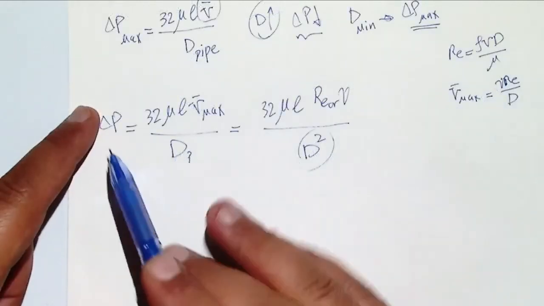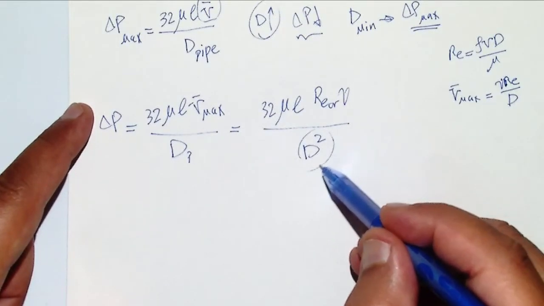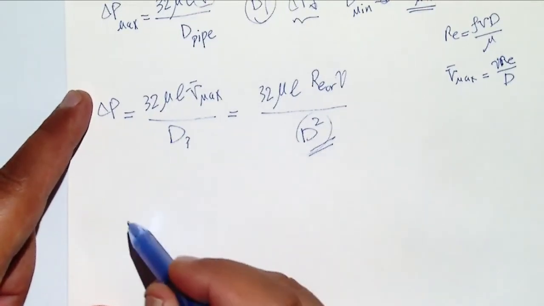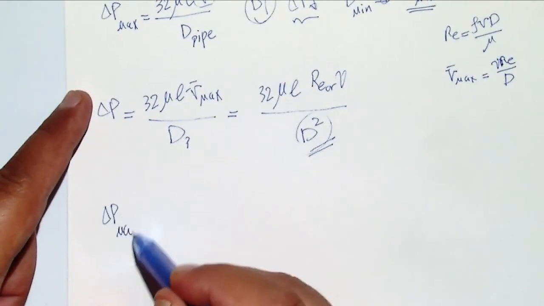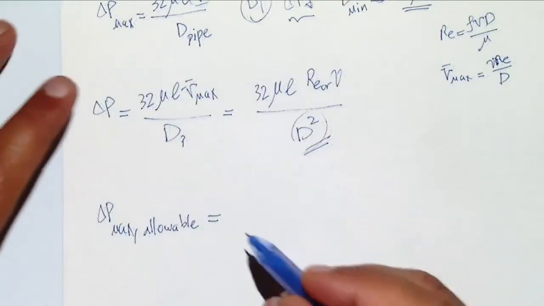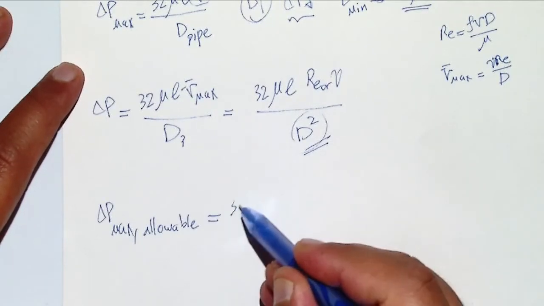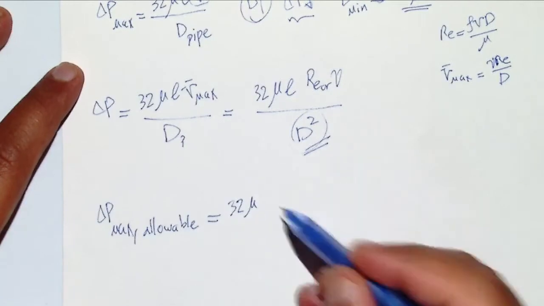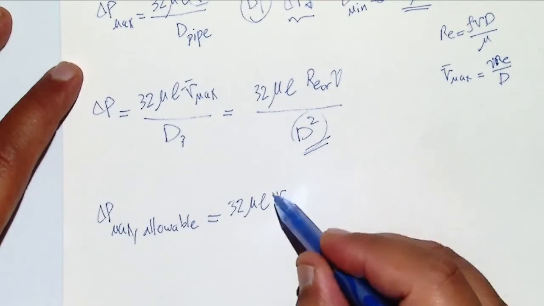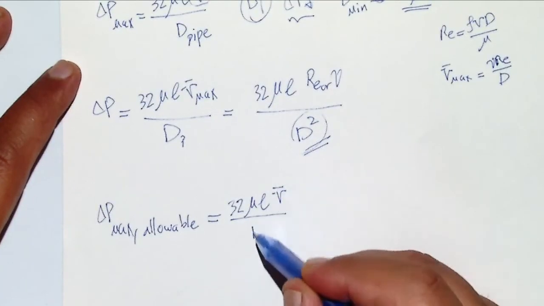Okay, find out what is the maximum allowable diameter. So if I get that, the delta P max allowable is equal to 32 mu times L times V bar, which is the velocity, over d.